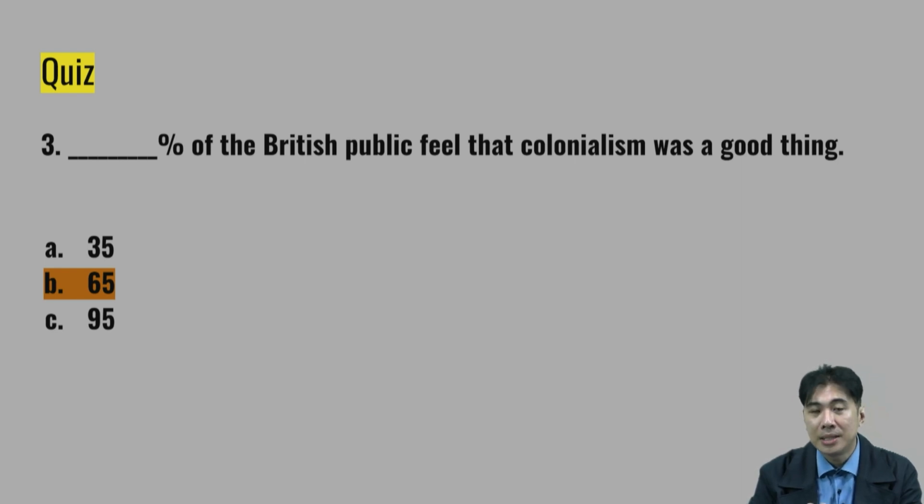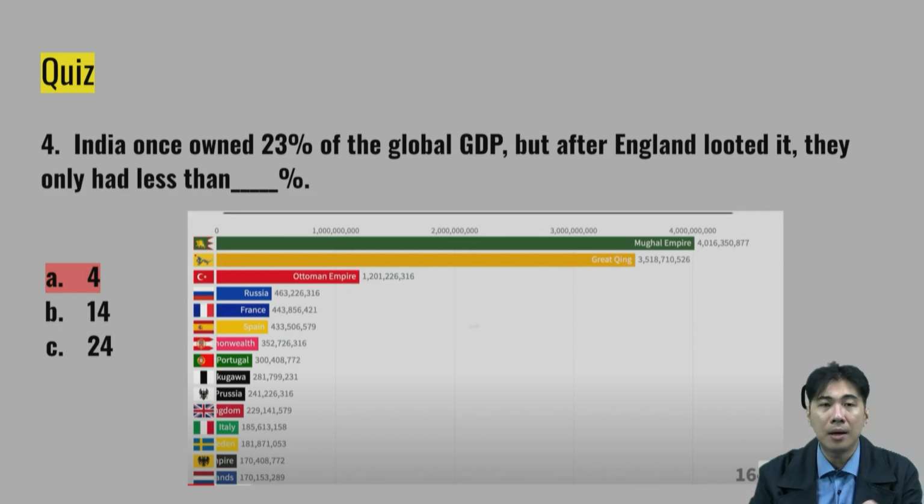So the British people feel good about imperialism and colonialism, where they killed many people, stole so much money and property, and enslaved a whole continent of people, and killed continents of people. Very barbaric past.